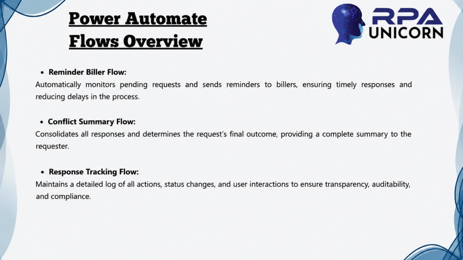Once the feedback is in, the conflict summary flow takes over to consolidate all those individual responses, determine the final outcome of the request, and deliver a clean, comprehensive summary directly to the requester. Finally, underpinning our strict compliance framework is the response tracking flow, which meticulously maintains a detailed log of every action, status change, and user interaction. This guarantees total transparency, auditability, and regulatory compliance for every single check your firm performs.